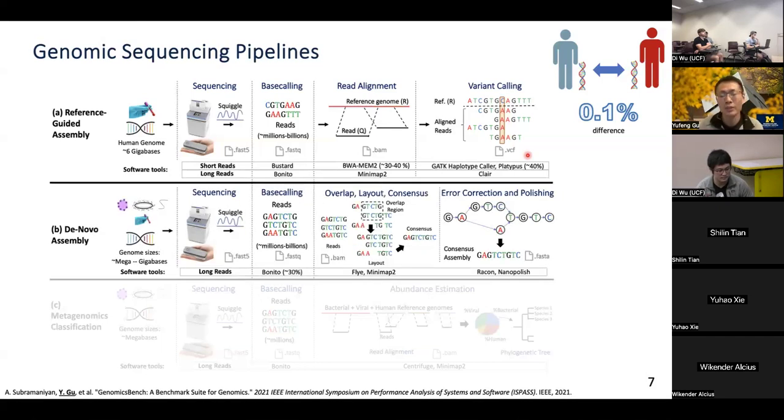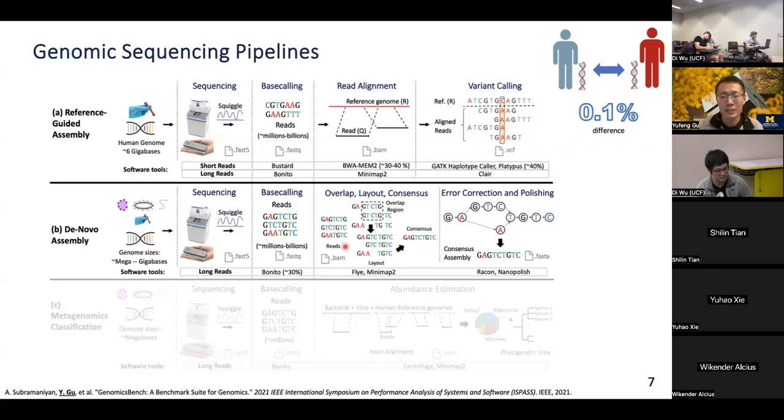Then there is a question: what if we don't have such a reference? And that is a big problem. For any new species, we have to build such a reference, and that is a much more difficult problem than reference-guided assembly, because we will get thousands or millions of such reads, but we have no idea what order we should assemble such small reads in.